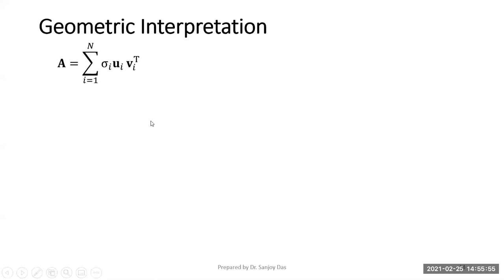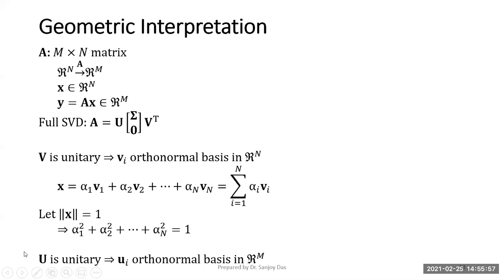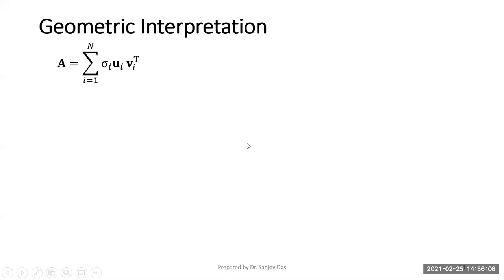Now, any questions so far? Okay. So A equals the summation of sigma i ui vi transpose. We saw this. This implies A Vi equals sigma i ui. Why so?